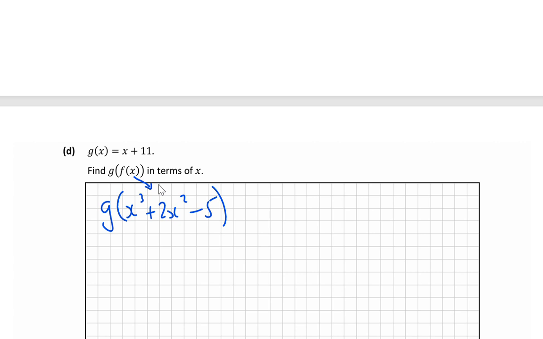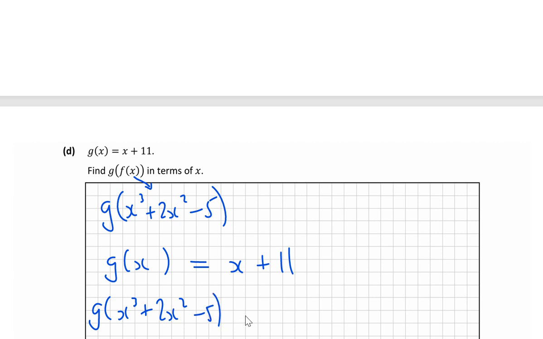Now it says g of that. We've got to sub that in now. g of x we know is x plus 11, so if we're asked to find g of x cubed plus 2x squared minus 5, it's a bit like saying instead of x we put in this. So, tricky little question there.